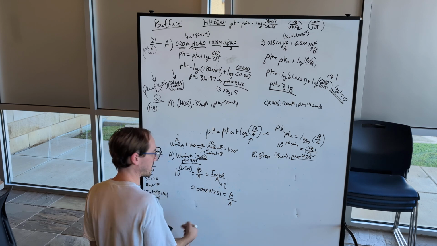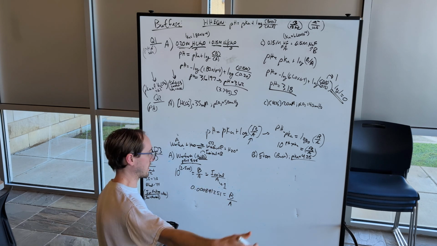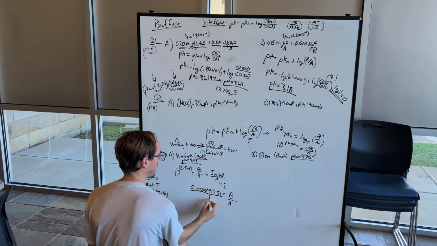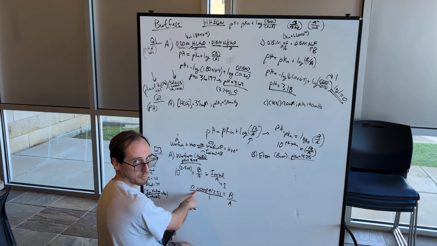Anything divided by 1 is the same number. So if I take this long number and divide it by 1, it's still the same number.